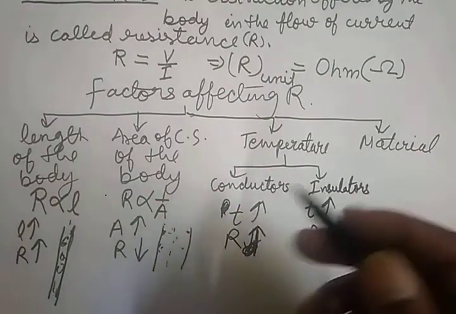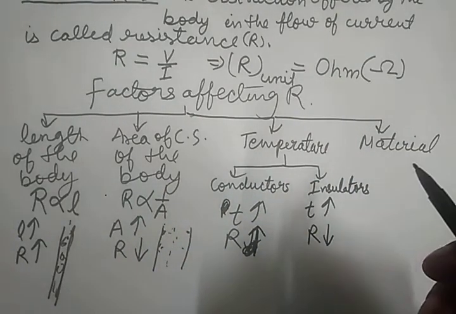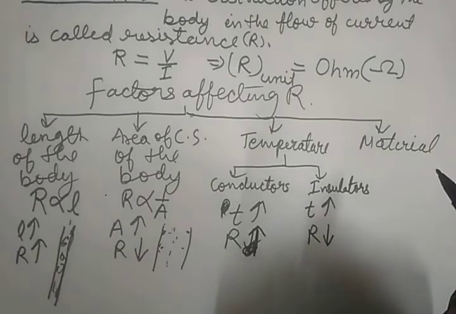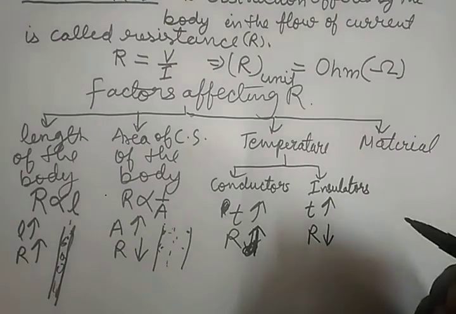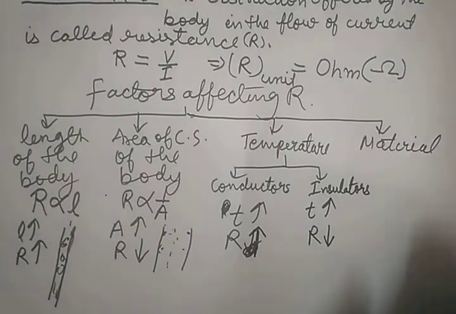Next thing is material. Like we have divided conductors and insulators, among those conductors, different conductors have different conducting ability, so they offer different resistance.